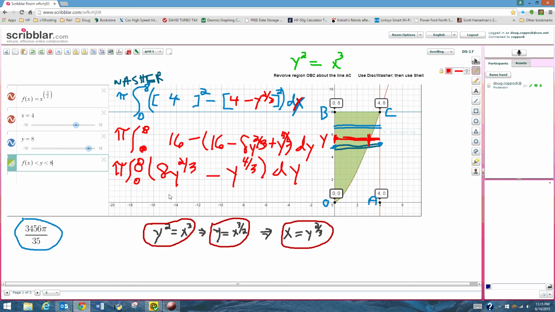Okay, now the antiderivative, I'll just do this real quickly. 8y, raise the exponent by 1, 5/3, multiply by the reciprocal of the new exponent, minus y to the 7/3 multiplied by the reciprocal of the new exponent. Of course, we're going to evaluate that from 0 to 8 and multiply the whole thing by pi when we're done.